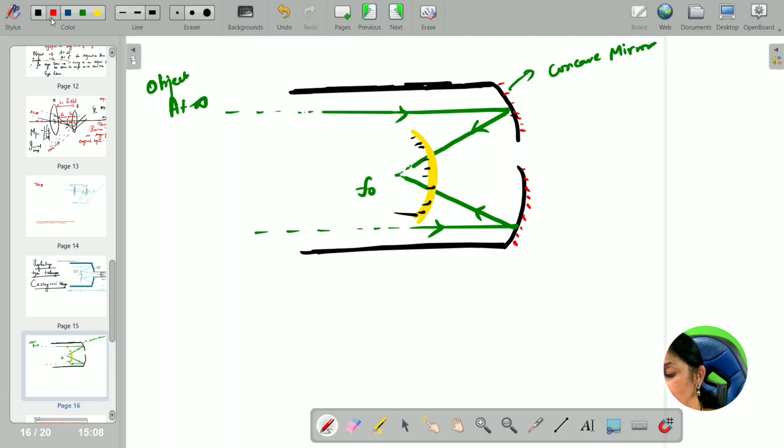After placing the convex mirror, we know very well that the convex mirror undergoes reflection, which means it diverges the rays of light. Look at the way it is diverging the rays of light.